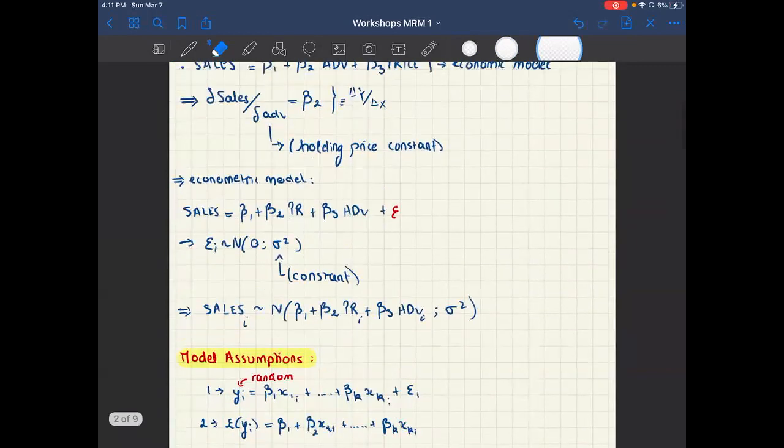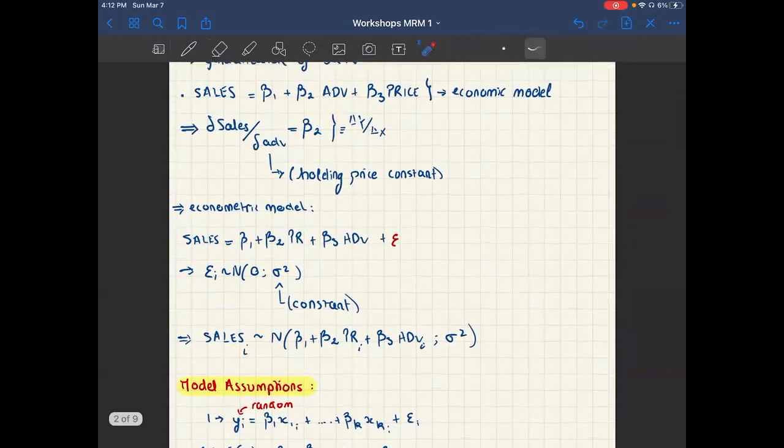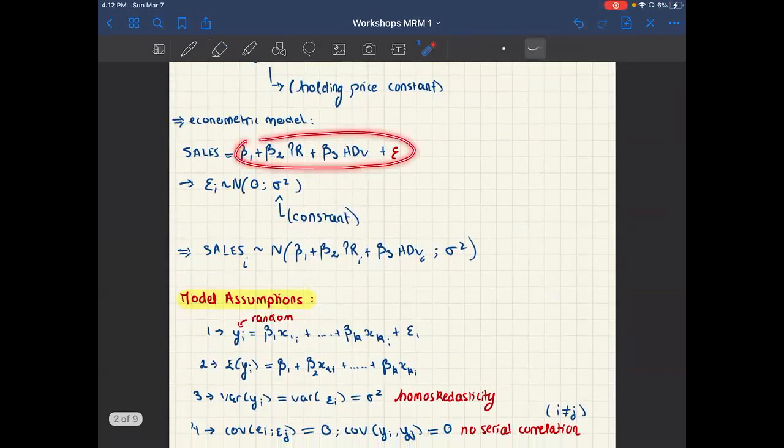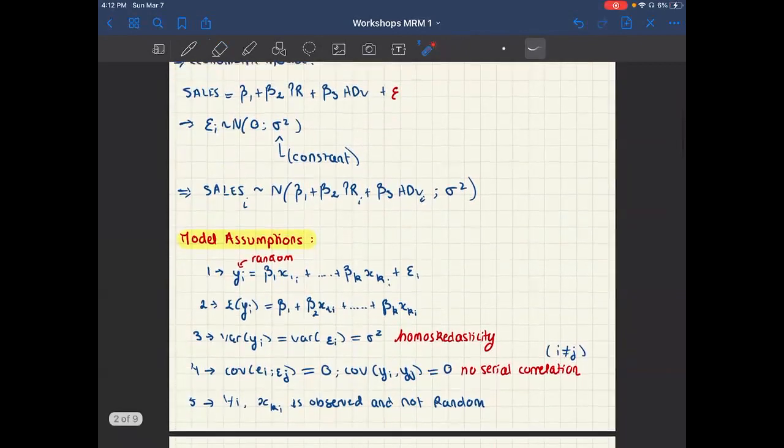Since sales is equal to this in the econometric model, the expected value of sales is going to be the expected value of this. Since all of this right here is a constant, the expected value of sales is just going to be this constant, because the expected value of the error term is 0.